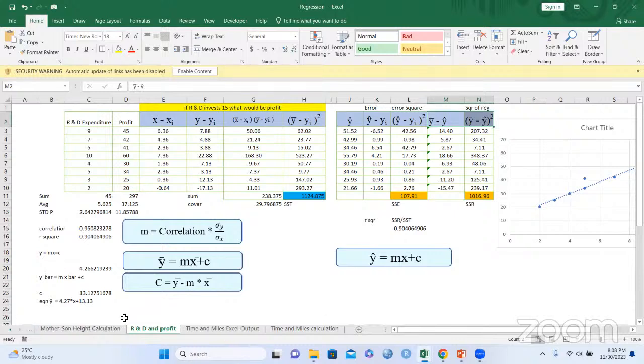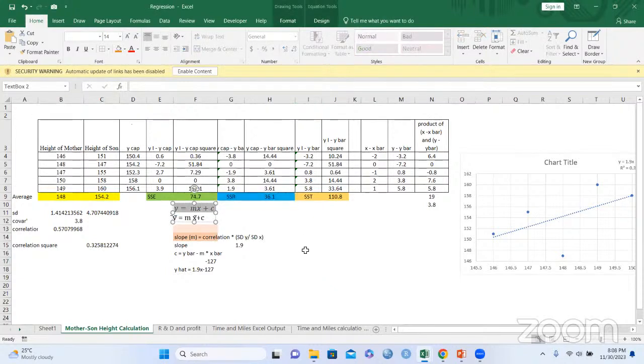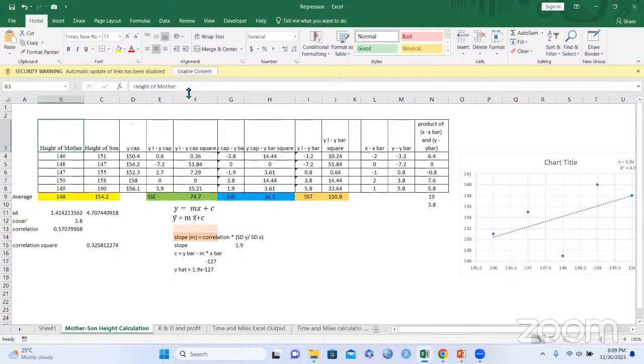So if a particular variable is influenced by many factors, how will it be dealt with? Right. Now, if you remember, this is a simple equation of a line, y equals mx plus c, where x is the independent variable. Here x is the mother's height. The height of the mother is treated as x, as we feel that this is impacting the height of the son.